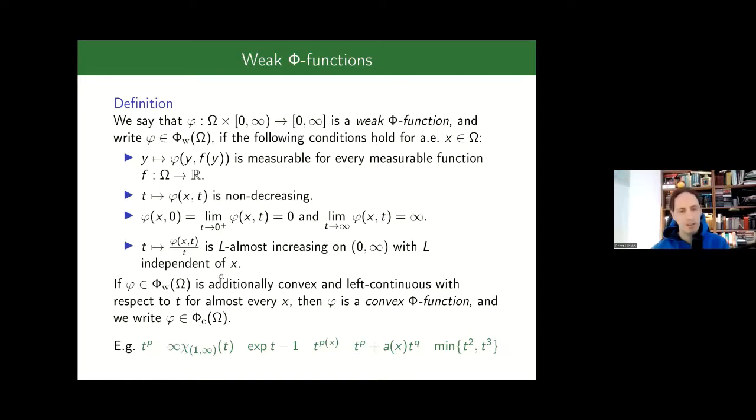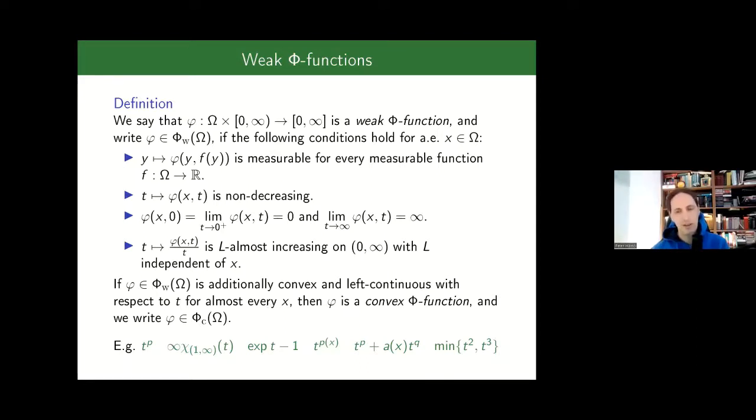So you can see if phi is convex, then since phi at 0 is 0, the convexity implies that this phi(t) over t is increasing. So this is a generalization of convexity. And this definition is from the book that I mentioned.